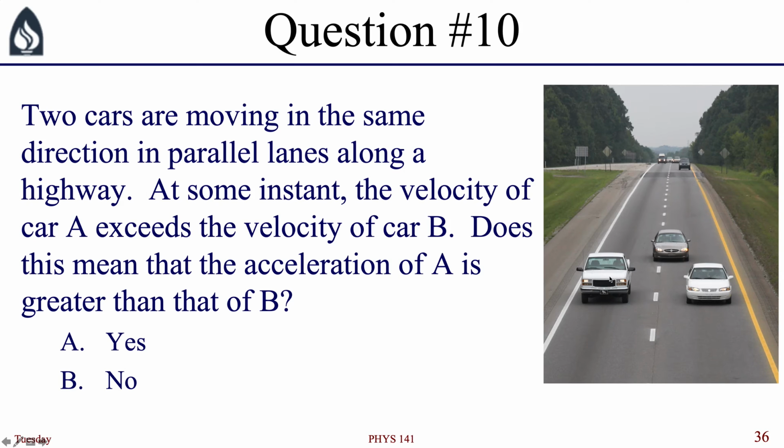But let's also say that the car has been on the interstate for a while. So it's traveling at 70 miles an hour, and it's been traveling at 70 miles an hour for quite a long time, for miles and miles and miles. What is its acceleration? Its acceleration would be 0. If it's traveling with a constant velocity, then it has 0 acceleration.